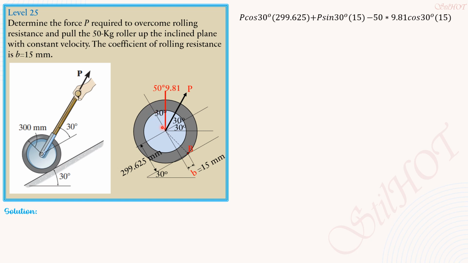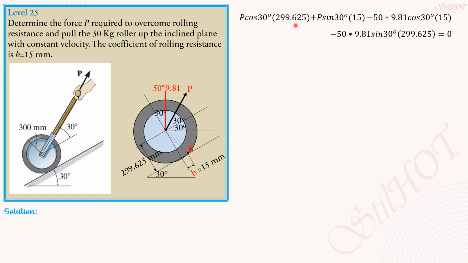Then the component in this direction, which produces counterclockwise moment, is 50 times 9.81 sine of 30, and the moment arm is 299.625. So 50 times 9.81 sine of 30 degrees times 299.625 equals 0.